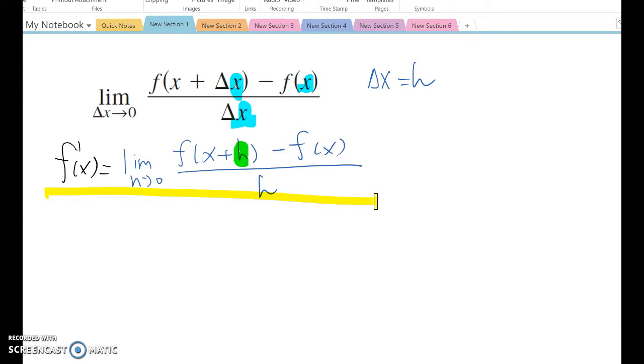We just call this the derivative because after we find it, we get another function form, and then we want to find the slope at a particular ordered pair. Good?